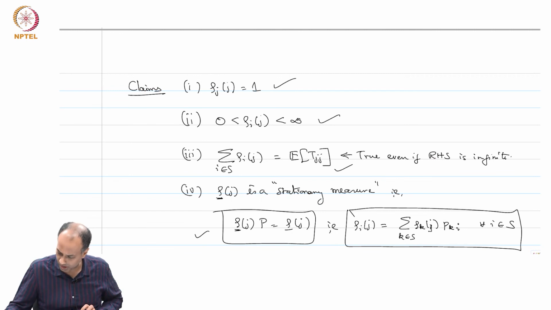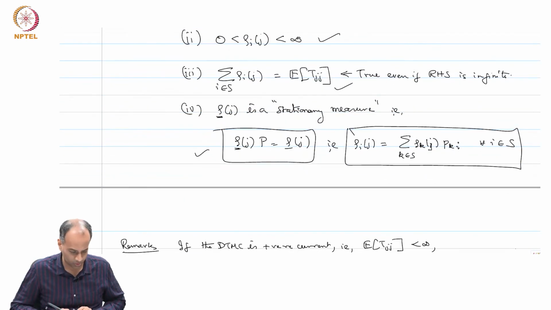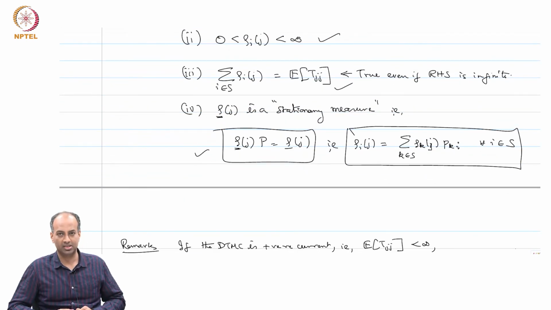I invite you to go over Grimmett and Stirzaker's treatment of this. This is essentially it. Then they go on to prove uniqueness up to a multiplicative constant.